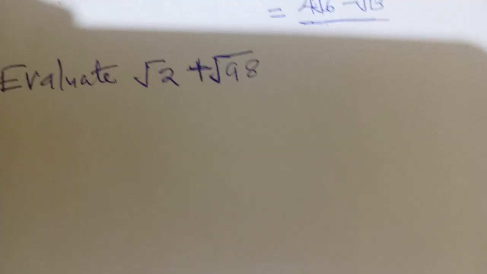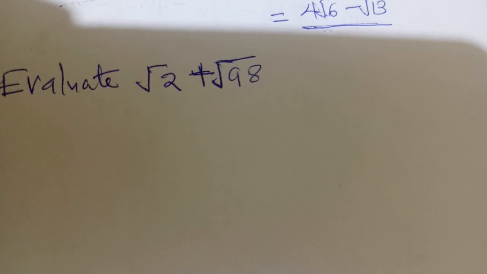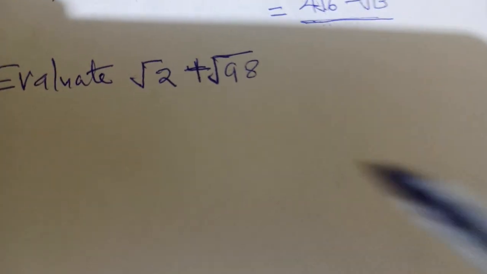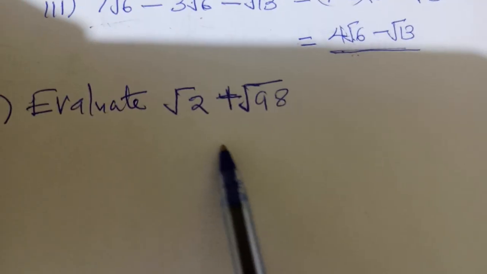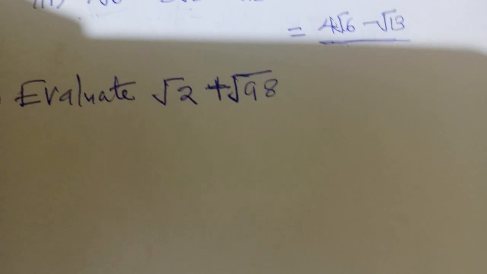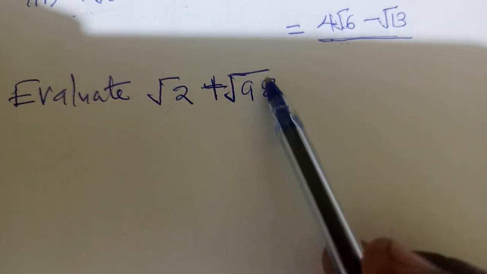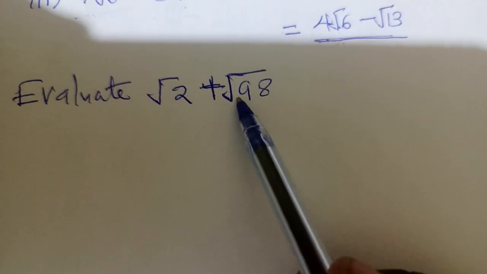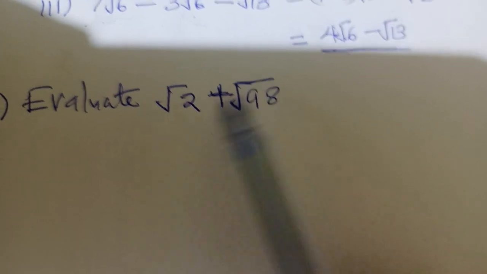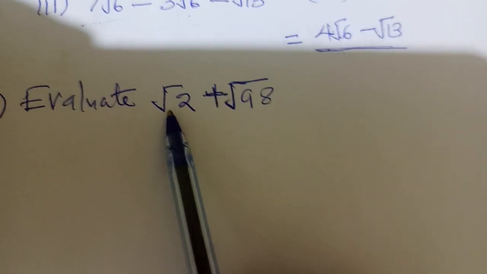So before we conclude that it is possible or impossible to add these two, we need to first of all simplify, to write in its simplest form, this surd. Root 2 is already in its simplest form.